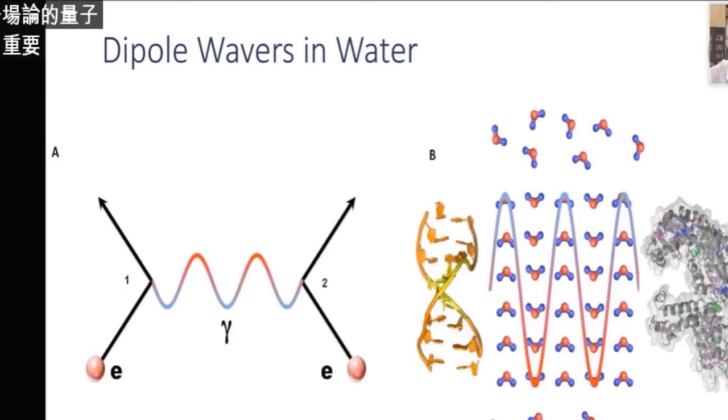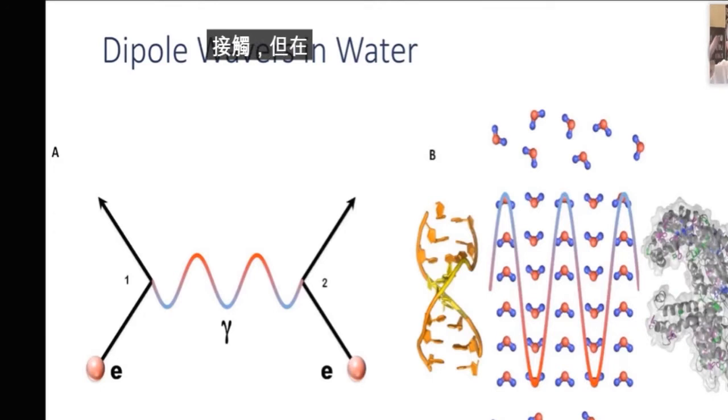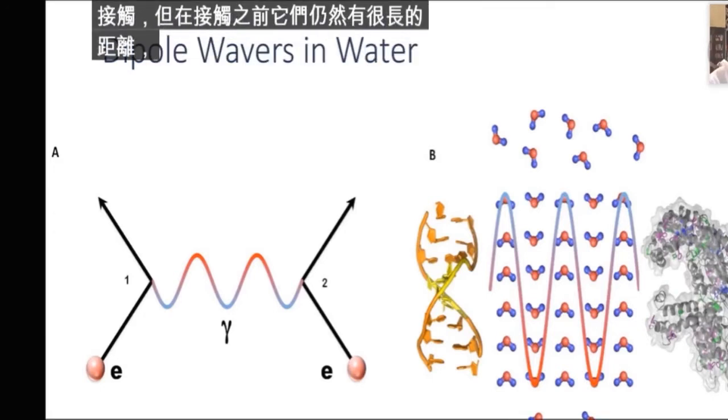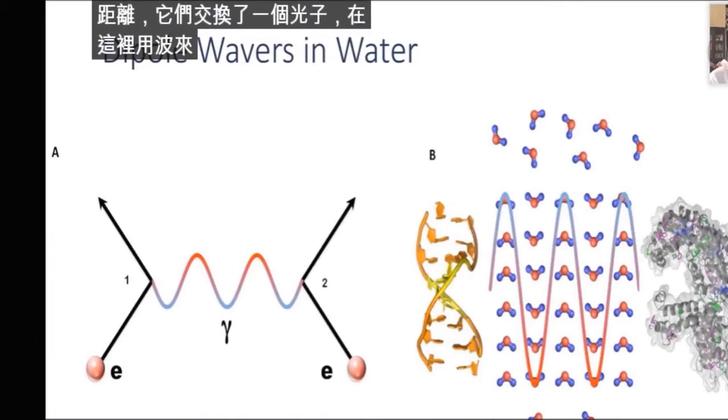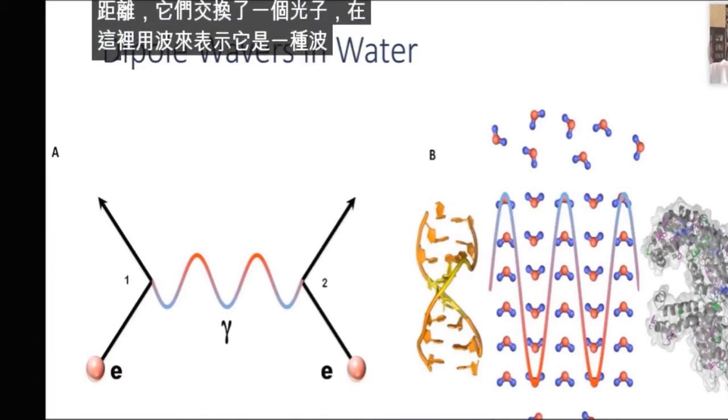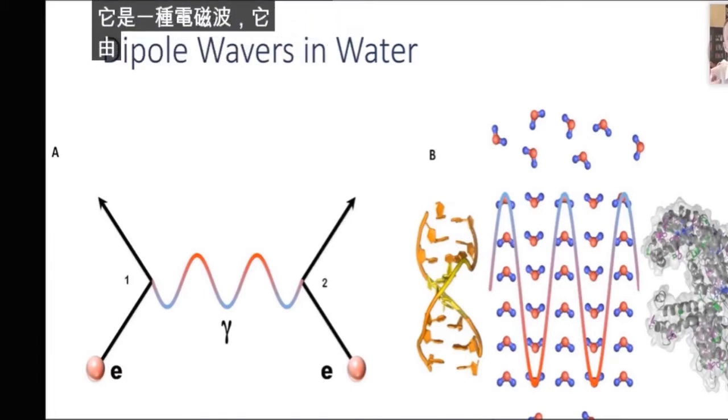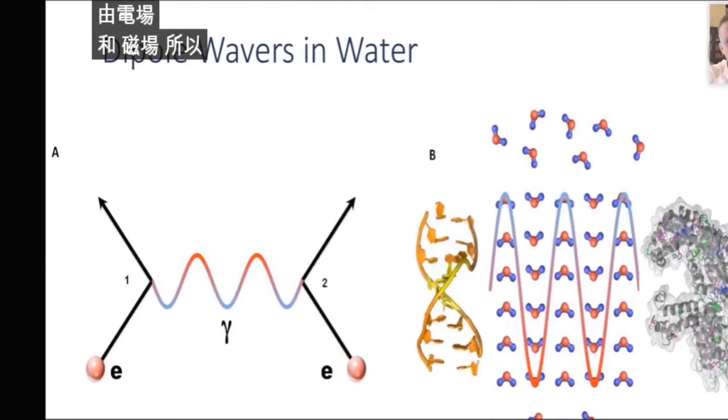And the important thing is that the electrons, by coming close to each other, they don't have to come close to each other and then reflect from each other, like touching each other, like billiard balls. But before touching, they still have a good distance. They exchange a photon, which is here symbolized by the wave. It's an electromagnetic wave, which consists of the electric field and the magnetic field.